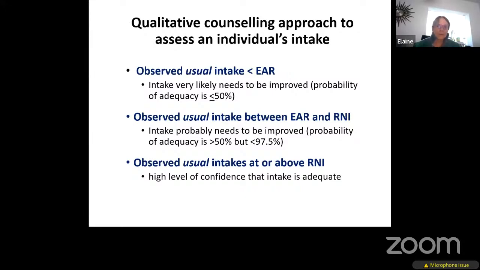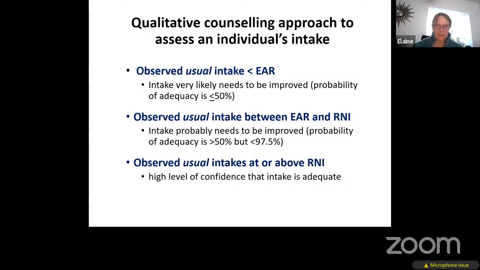So if their observed usual intake is less than the estimated average requirement, that means that there's a 50% chance that they've got inadequate intakes. Their intake likely needs to be improved because there's a 50% chance that it doesn't meet their nutrient requirements. If their usual intake is between the EAR and recommended nutrient intake, again, their intake likely needs to be improved, but it's getting less and less.